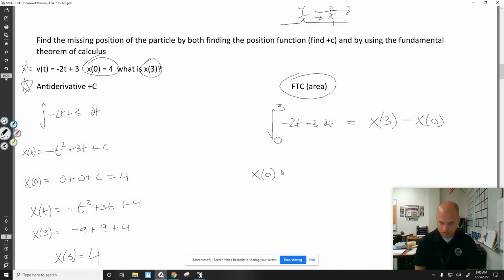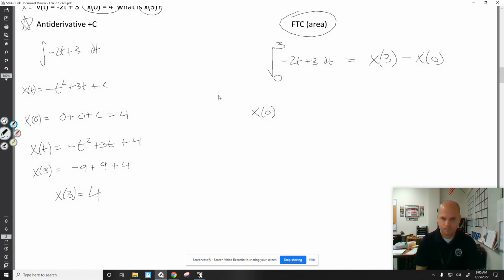My initial position, or the position that I know, plus my displacement between the two positions will give me my unknown position. Now, the displacement between the time 0, which I know, and the time that I don't know, that I'm trying to find. And this is an equation that we can use.